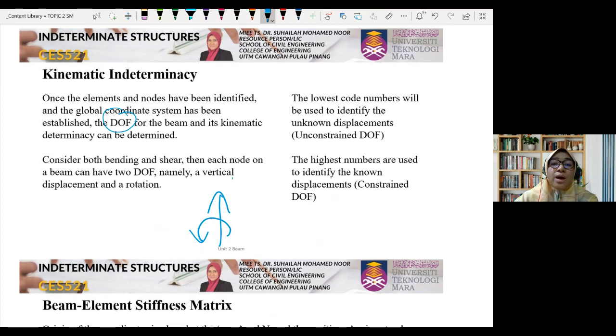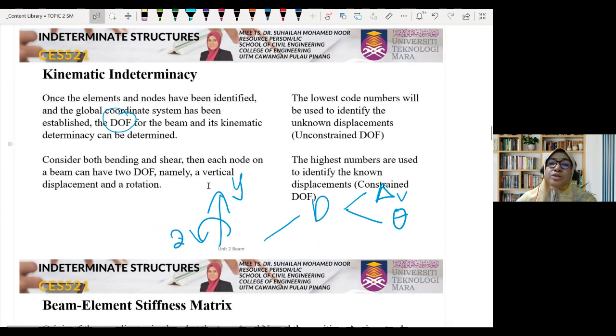So this y and z, in terms of displacement, represent the vertical displacement as well as rotation. One important thing is that the lowest code numbers are used to identify the unknown displacements, and they are put in the unconstrained degrees of freedom.